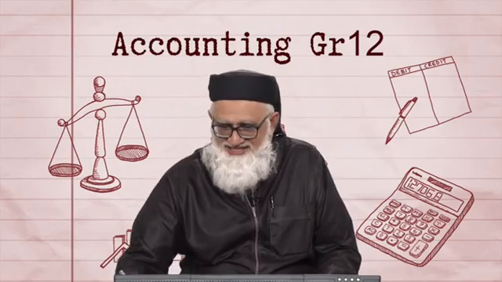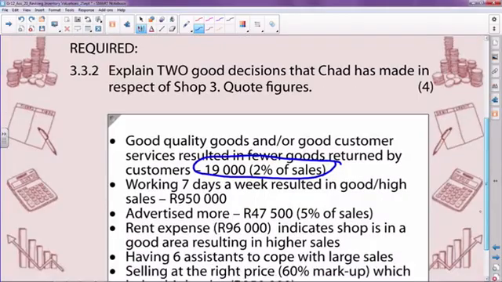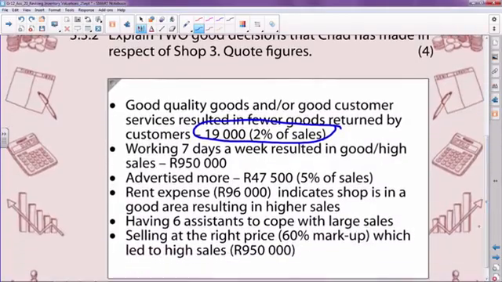Okay, on the lighter side, right? Your rent expense is 96,000, indicating that the shop is in a good area, resulting in higher sales. Yes, the positioning of your business, clearly probably in a high traffic area where the feet are coming in, and obviously that results in higher sales. And then you're selling at the right price.